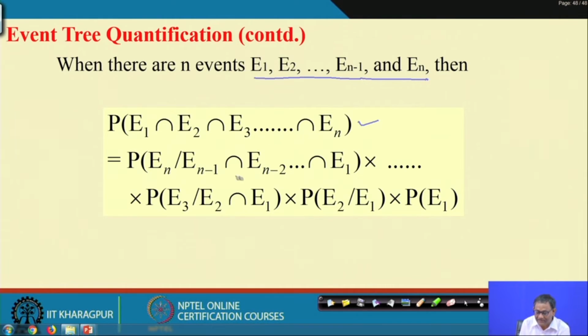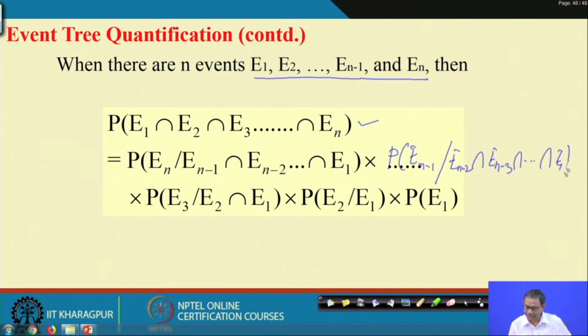the other events as joint events that occur, times the probability of En minus 1 given En minus 2 intersection En minus 3 intersection and so on up to E1. And then En minus 2 in this manner, reducing n, finally E3 given E2 intersection E1, then E2 given E1, then E1.